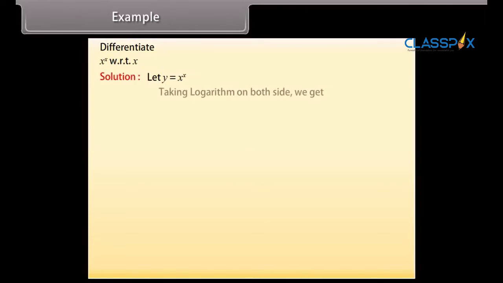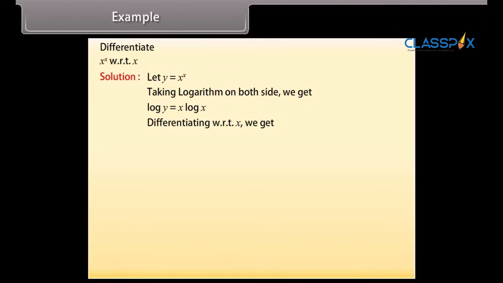Example: differentiate x raised to the power x with respect to x. Solution: let y is equal to x raised to the power x. Taking logarithm on both sides, we get log y is equal to x into log x. Differentiating with respect to x, we get 1 by y into dy by dx is equal to x into 1 by x plus log x, which is equal to 1 plus log x.